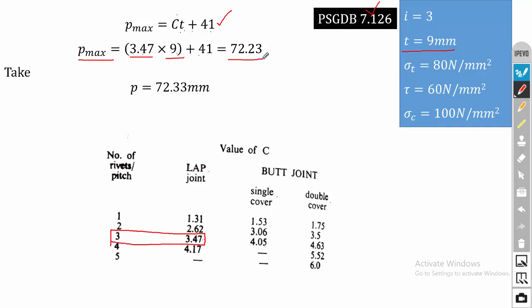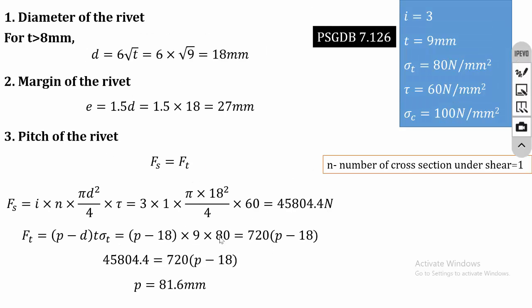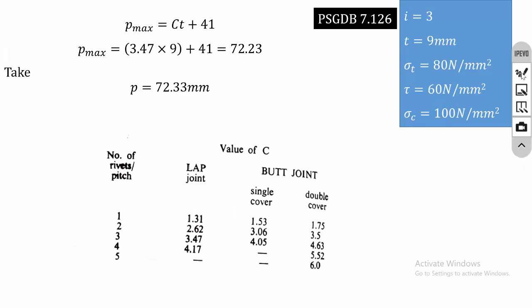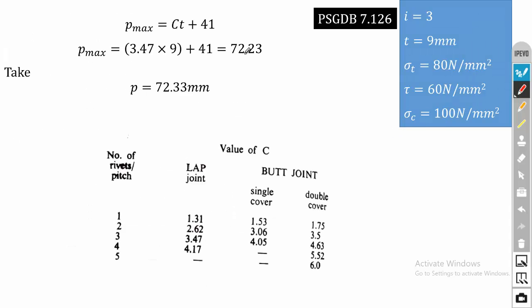So the P max value is 72.23 mm. So previously I have calculated the P value as 81.6 mm. So it is less than the P maximum value. So I have selected the P max value as the pitch. So P is equal to 72.33 mm. So the minimum value you have to select.